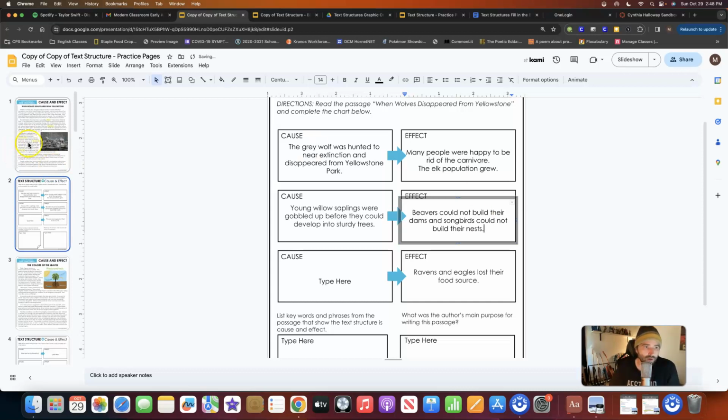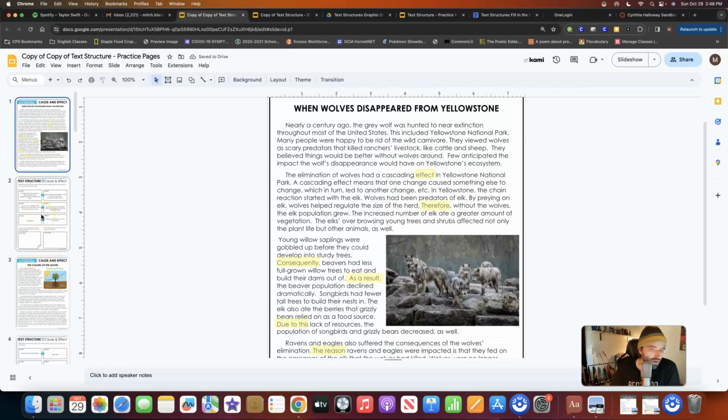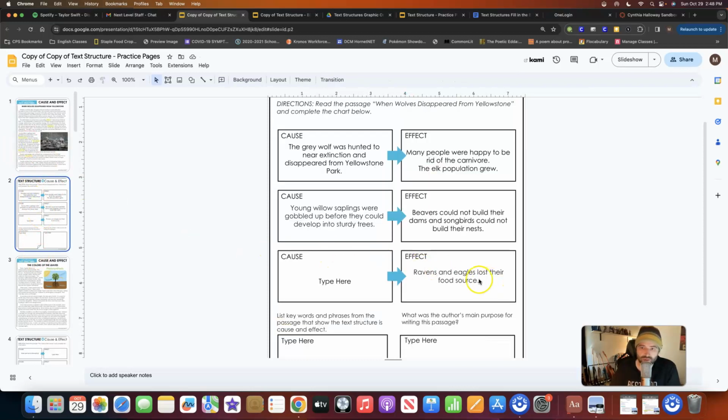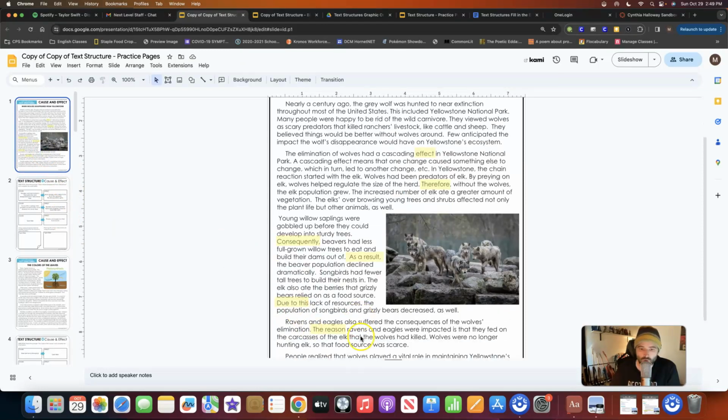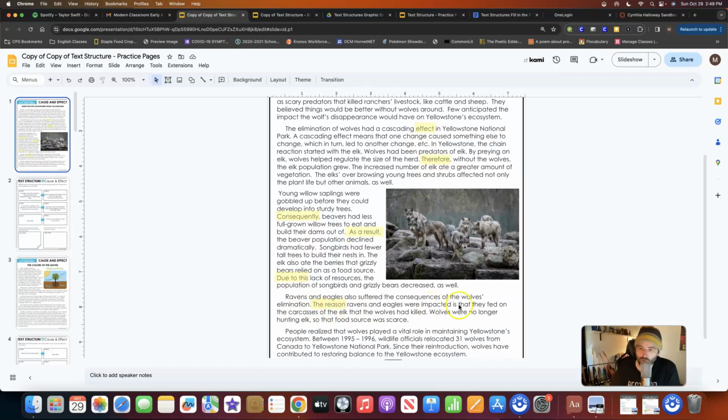All right, moving on to our last one. Our effect is ravens and eagles lost their food source. Ravens and eagles were impacted because they fed on the carcasses of the elk, right?